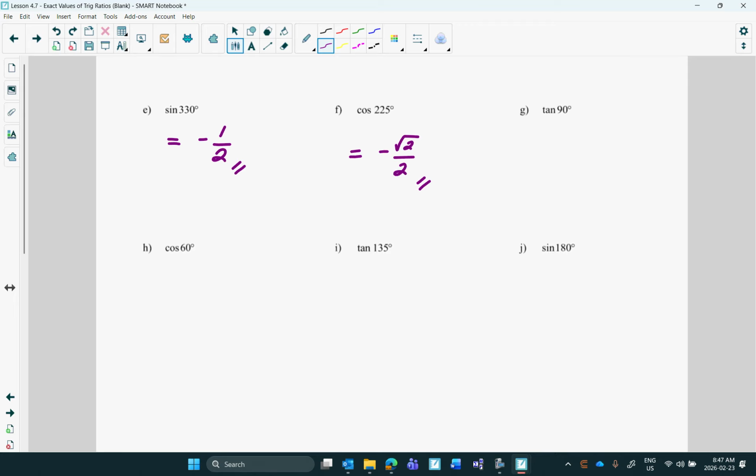And we've got some work to do. What's the coordinate at 90 degrees on the unit circle? So therefore, the tan is going to be 1 divided by 0, the y divided by the x, which is? Undefined.